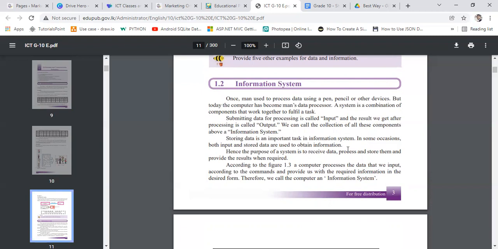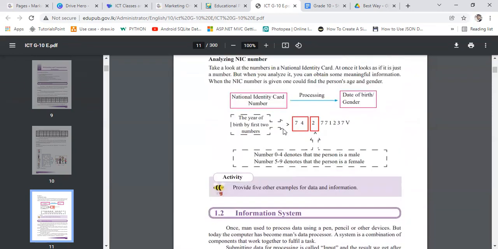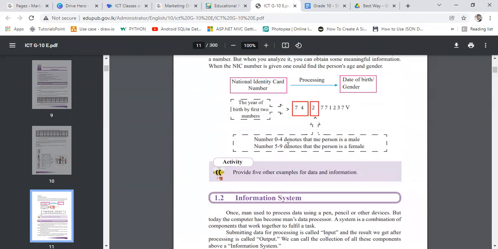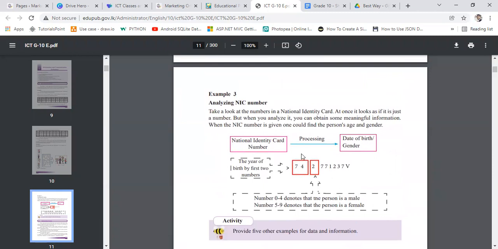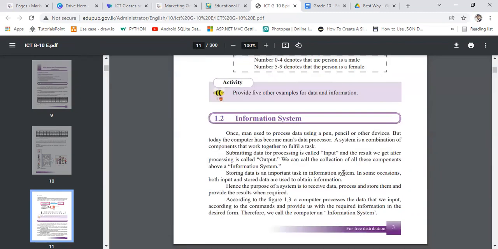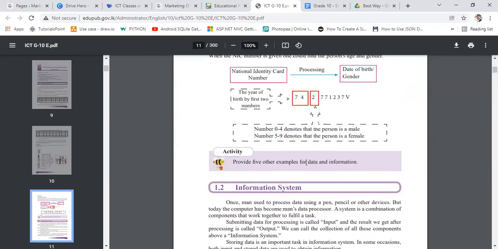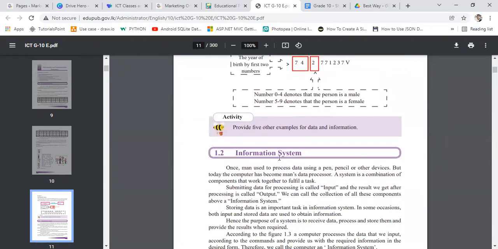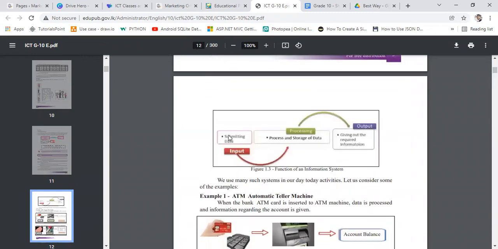To produce that, you know that there should be data, and it should be processed. Then the information will be produced. That's how it happens. Now there are 3 functions that you should know: input, process, and output. Not just 3, there are other functions too, but these are the basic functions of any information system.